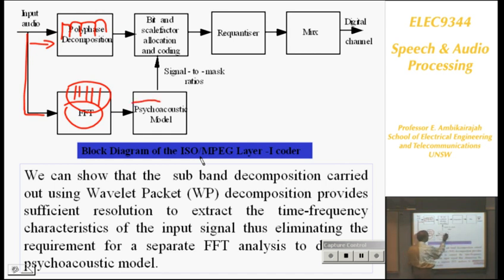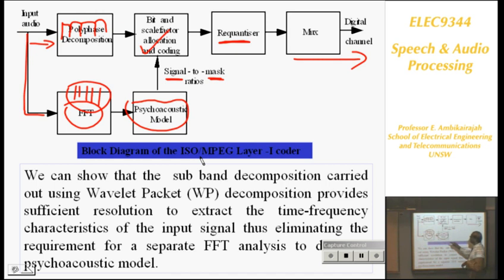So you find out the masking threshold. Once you know the masking threshold, you calculate the signal to mask ratio, how many samples are above and below, and then you allocate bits accordingly, and then you requantize them, which we will look at later on, and then you send it to the channel.